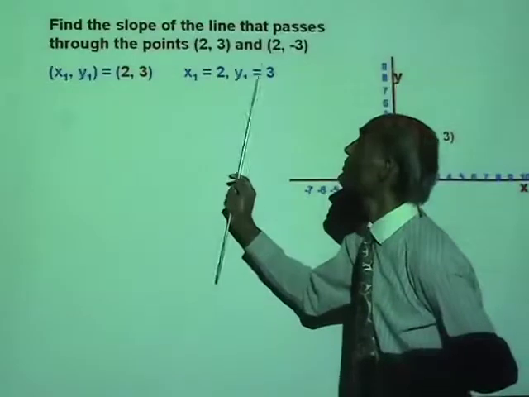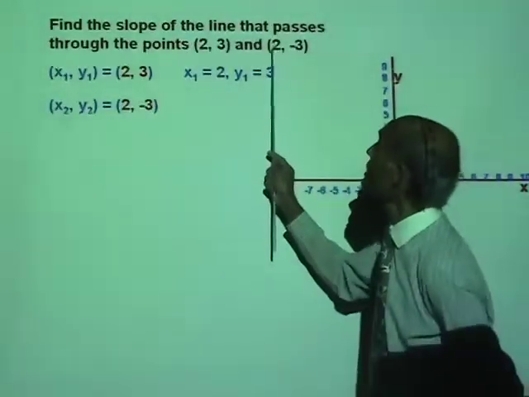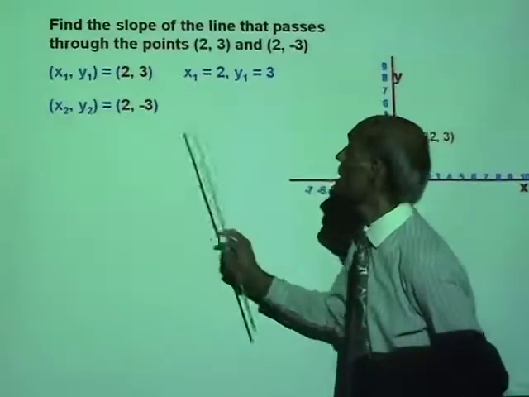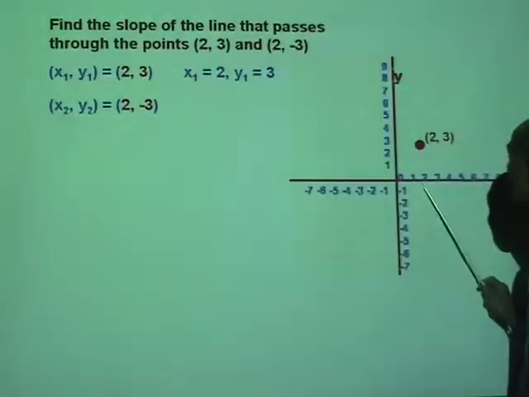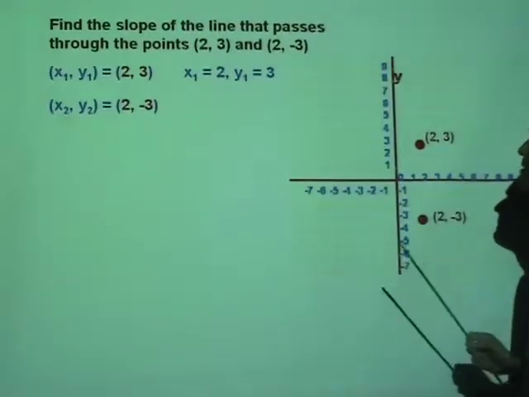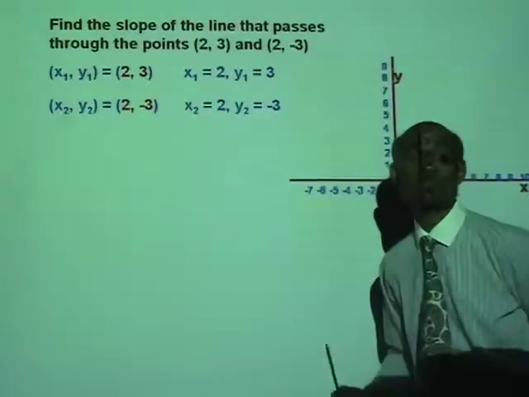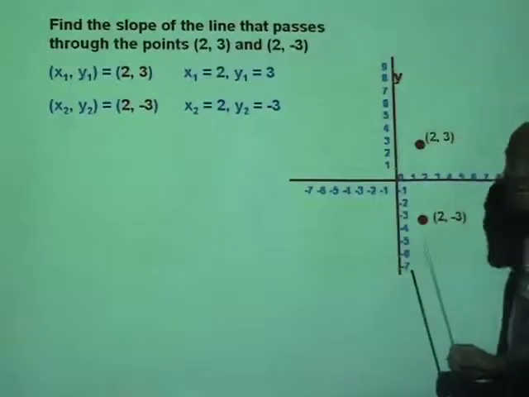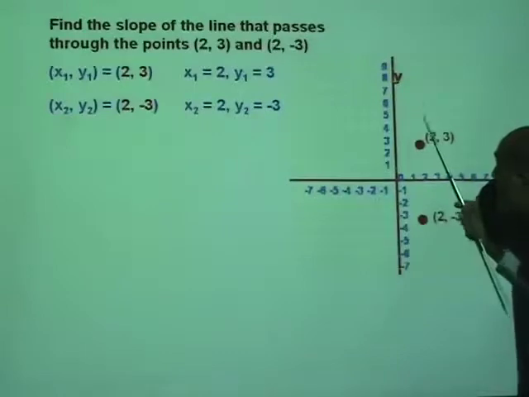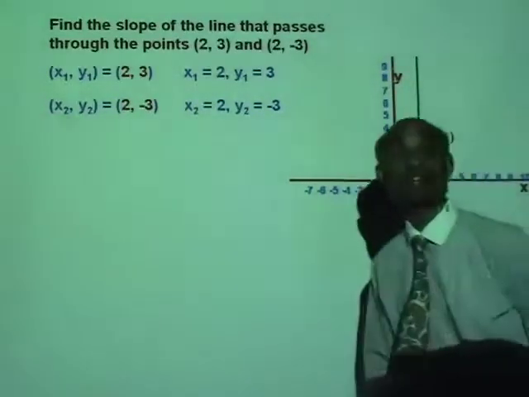The second point is 2, negative 3, right there. x2 equal to 2, y2 equal to negative 3. What kind of a line is it that contains these 2 points? Look at that. It is a vertical line.